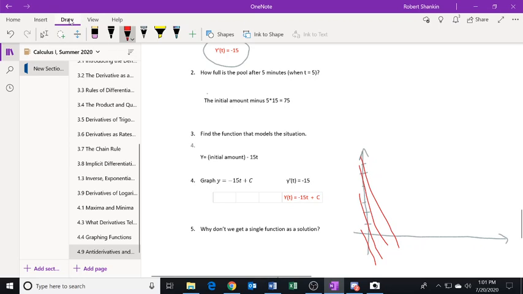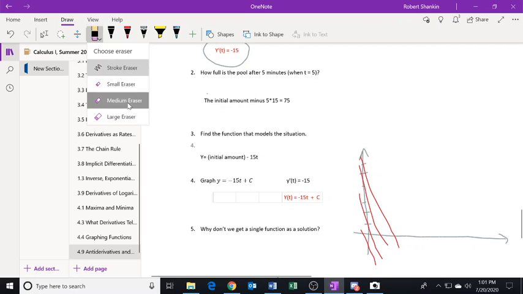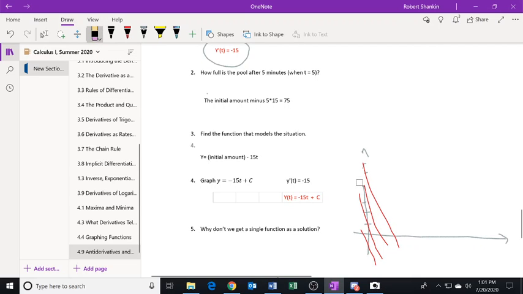That doesn't make any sense. So let's go to the eraser, and let's erase the part to the left. And another one that doesn't make sense is if you started down here.